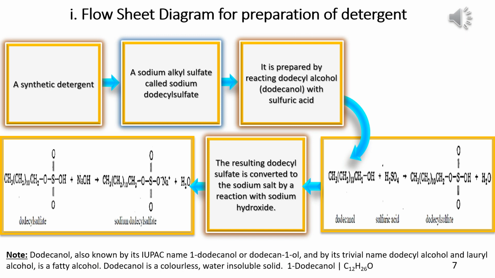So in the next step, 2-decyl sulfate and sodium hydroxide react together and form sodium 2-decyl sulfate and water. So that's how the synthetic detergent sodium 2-decyl sulfate is prepared.